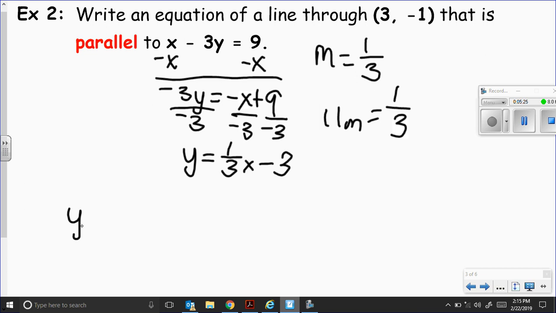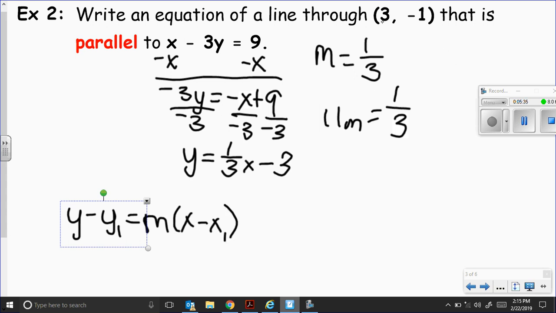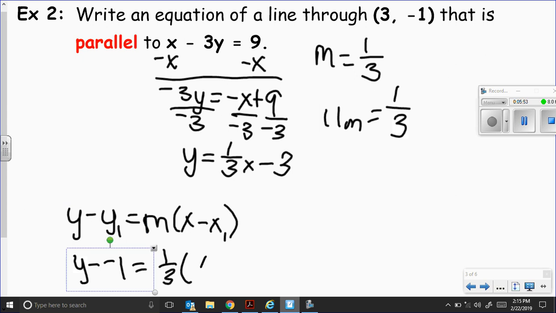So remember y minus y sub 1 equals m times x minus x sub 1. And we want to plug in the point 3, negative 1, and we're going to use the slope of 1/3. So we have y minus negative 1 equals a slope of 1/3 times x minus 3.